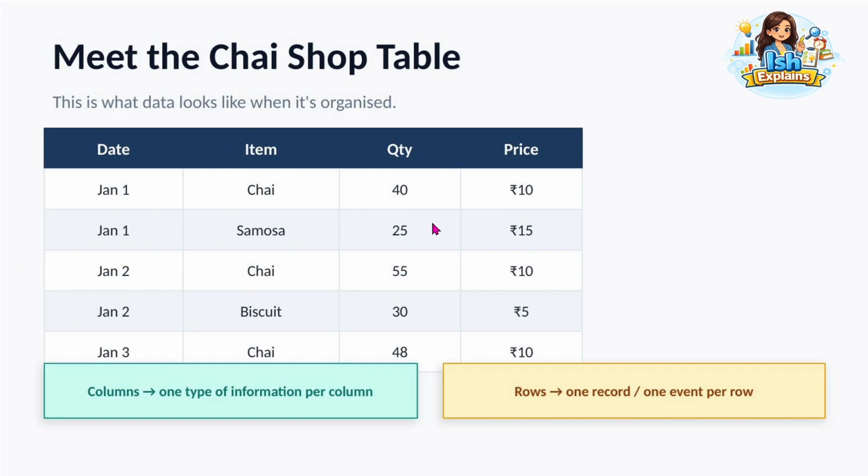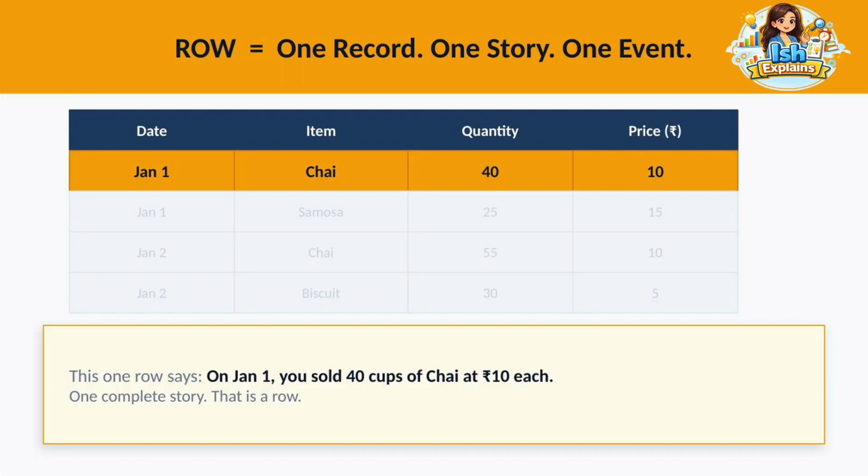Every column has one type of information and every row has one event. Here the event is a sale. So this is what a table looks like, and this is where all the data lives, in a table exactly like this one. Let me zoom into the first row.